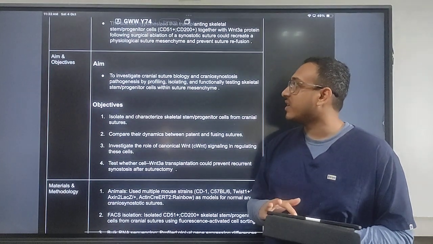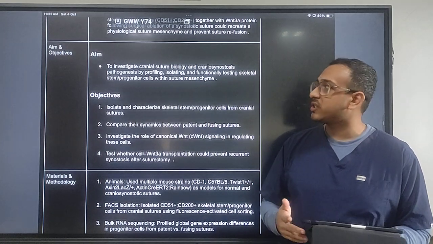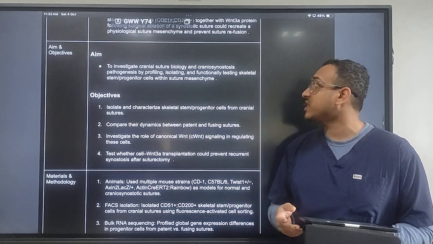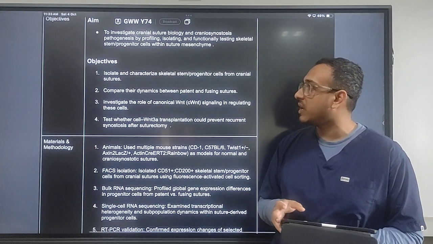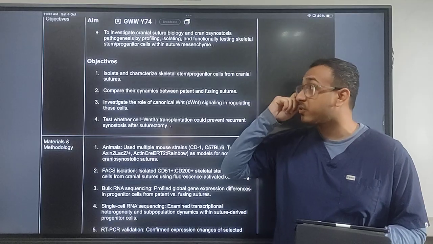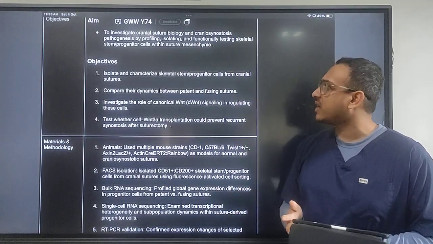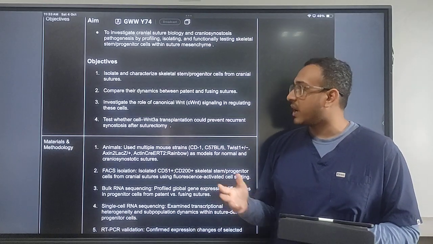They aim to investigate cranial suture biology and craniosynostosis pathogenesis by profiling, isolating, and functionally testing skeletal stem cells within the suture mesenchyme. They had four objectives. First, they had to isolate and characterize the skeletal stem cells from cranial sutures.